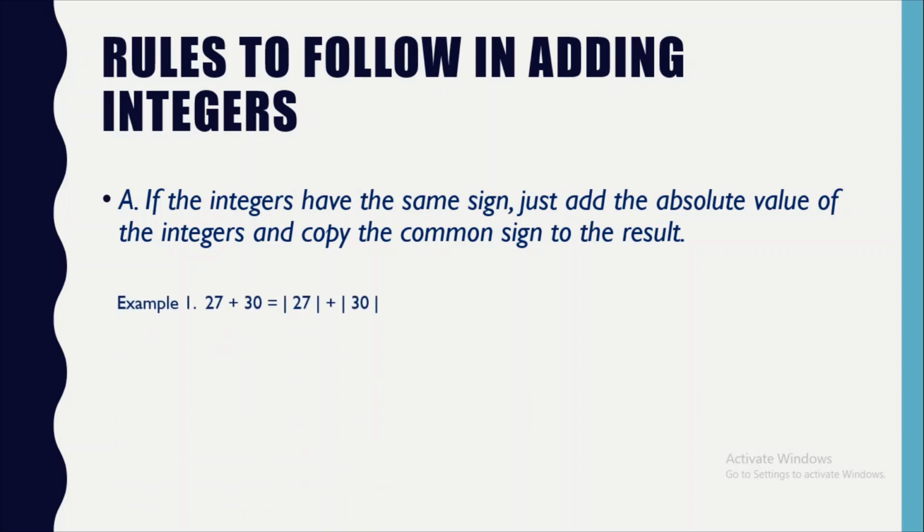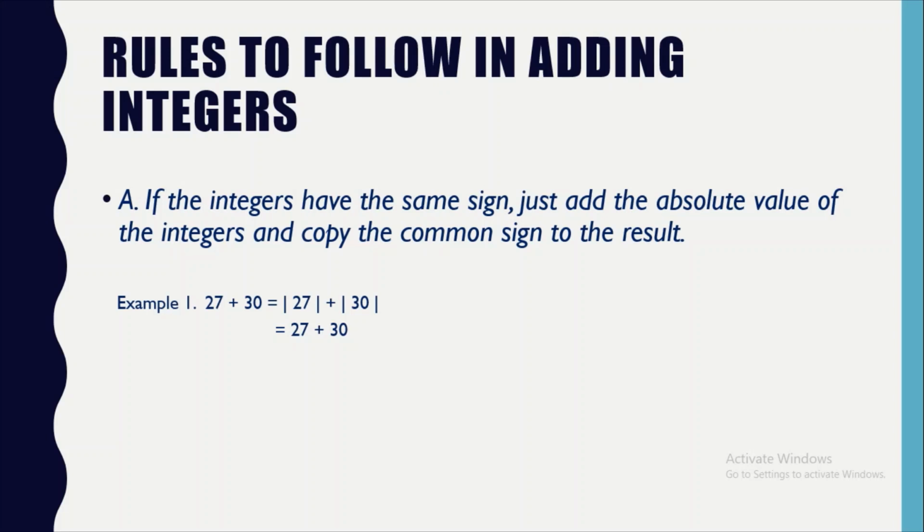Example number 1. Positive 27 plus 30. First, get the absolute value of 27, and that is 27. And then, the absolute value of 30, that is 30.